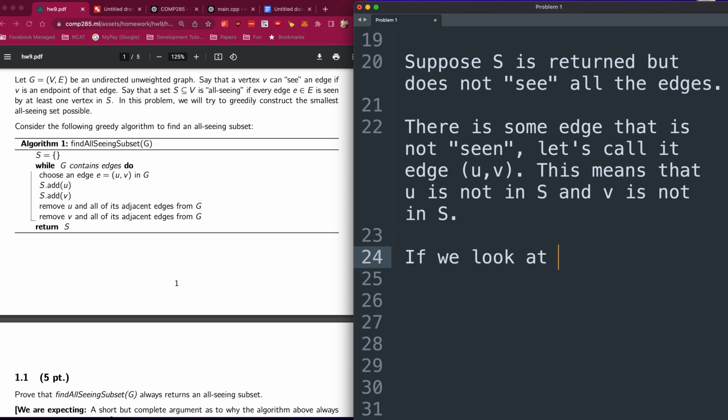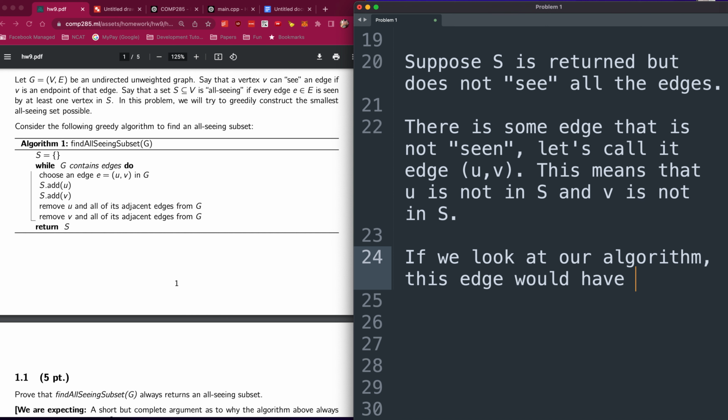if we look at our algorithm, this edge would have never been removed from G. Why?